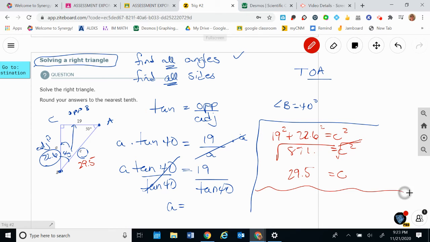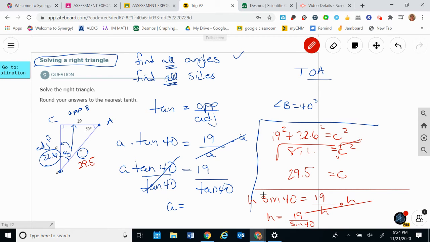Some of you might prefer to use a trig function instead. So maybe I wanted to do sine. Sine of 40 is equal to the opposite, 19, over the hypotenuse, to find the hypotenuse. Maybe instead of the Pythagorean theorem, you'd rather use trig. So multiply by h, divide by sine 40. So h is equal to 19 divided by sine of 40.